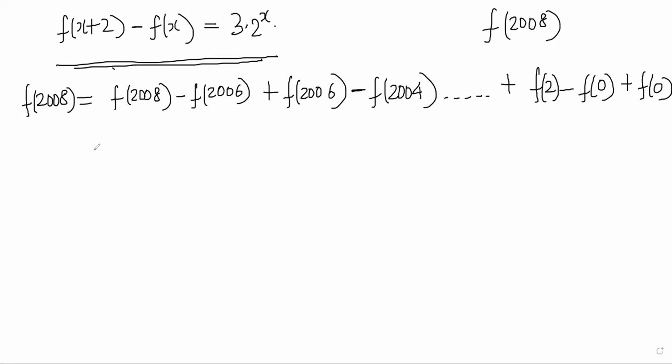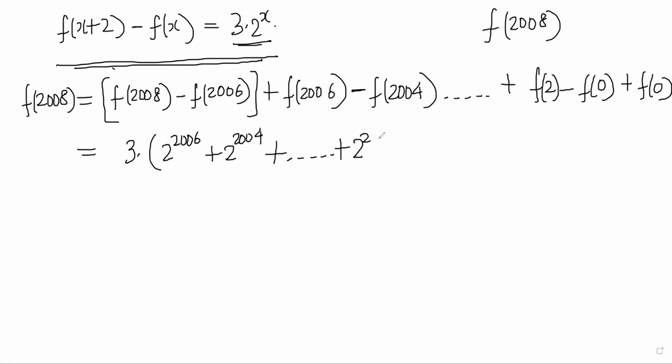Okay, so each of these brackets, we can use this result. We can say this is 3 into 2 power 2006 plus 2 power 2004 plus so on till 2 square plus 2 power 0 for this term. And we have a plus f of 0, right?